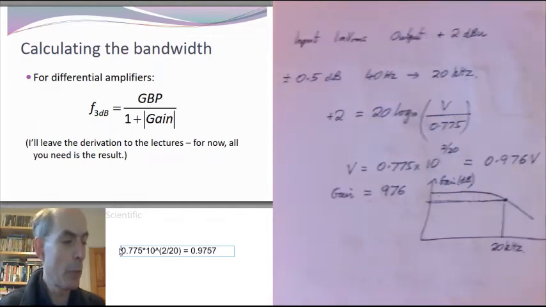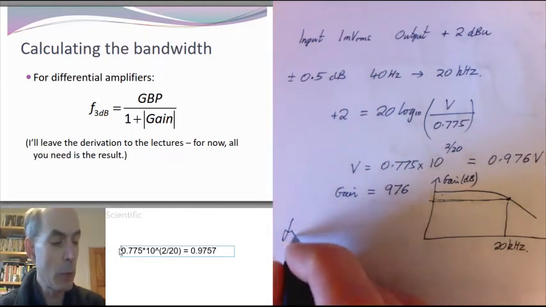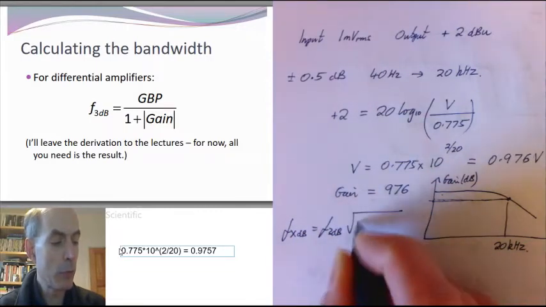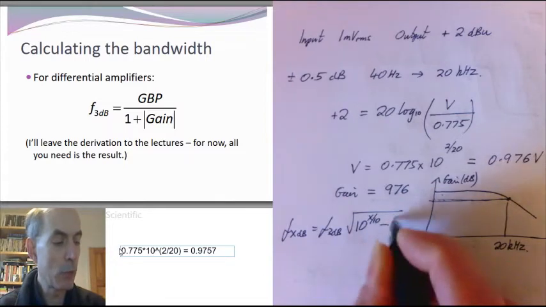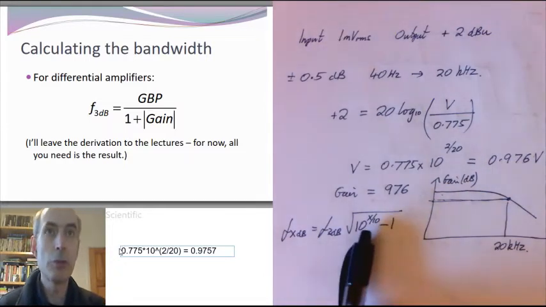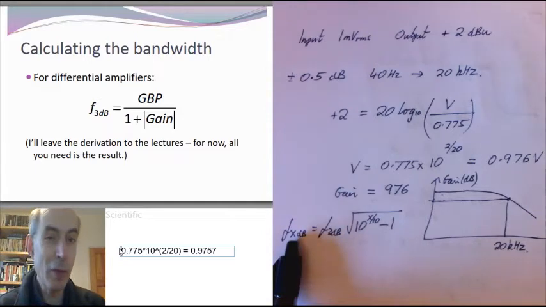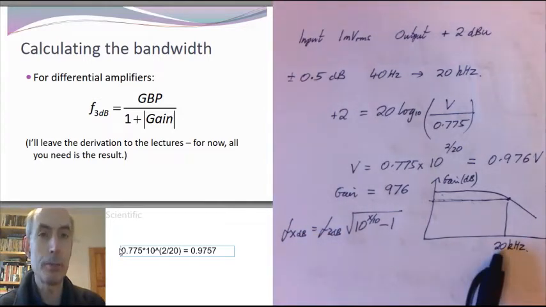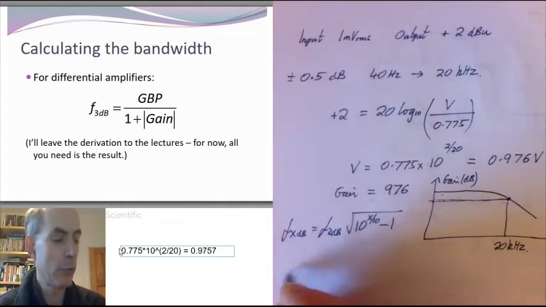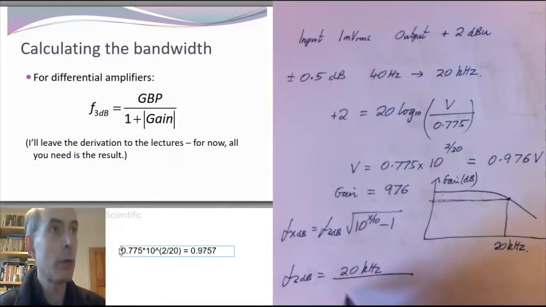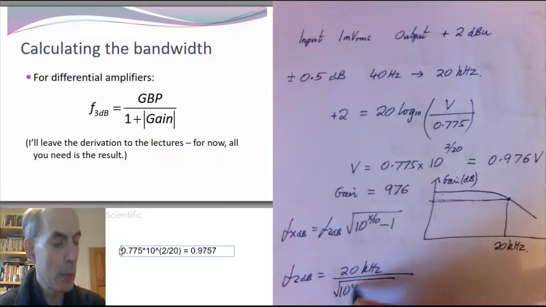Well, that comes from a formula that we've seen before. The x dB bandwidth is the 3 dB bandwidth multiplied by the square root of 10 to the power of x over 10 minus 1. And using that formula, we can derive the 3 dB bandwidth that we require to get a 0.5 dB bandwidth of 20 kilohertz. That would give us f3 dB is 20 kilohertz, that's our 0.5 dB bandwidth, divided by the square root of 10 to the power of 0.5 over 10 minus 1.